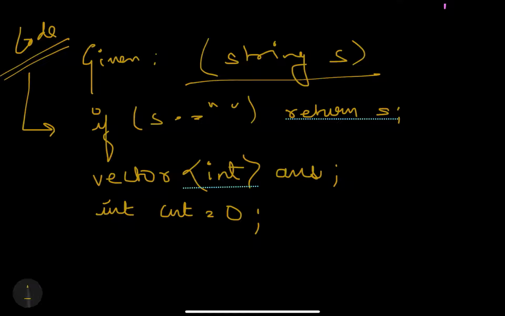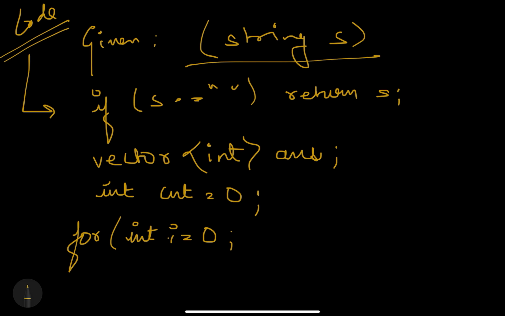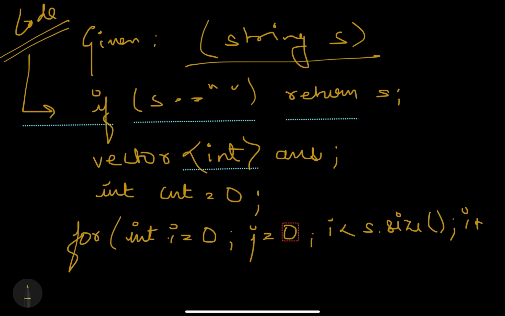Now we'll iterate through this string s: for i equal to 0, and we'll take another variable j equal to 0 to track the previous index, and we move till i is less than s.size(), with i plus plus.